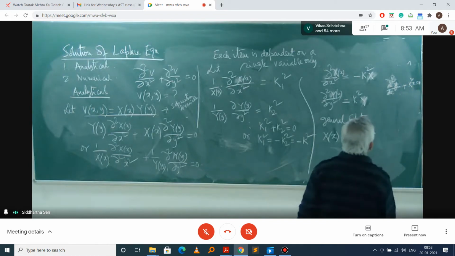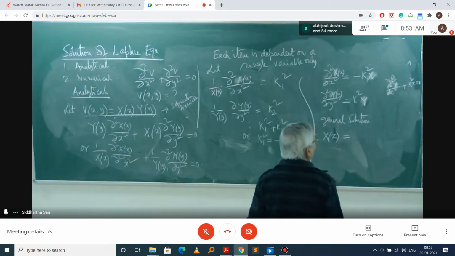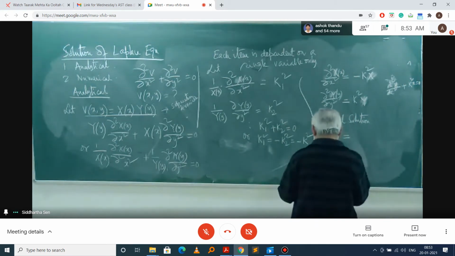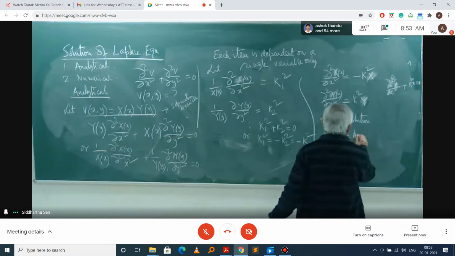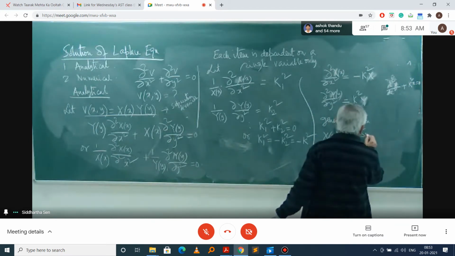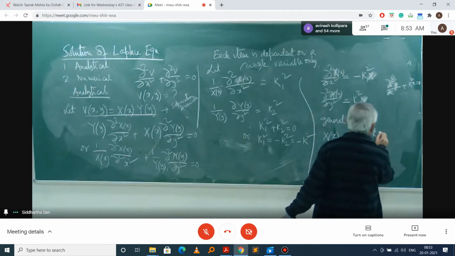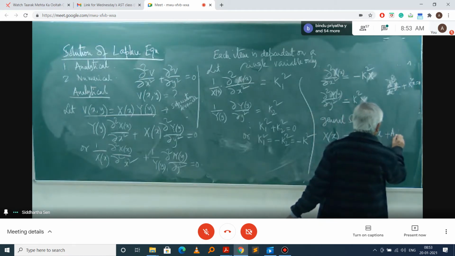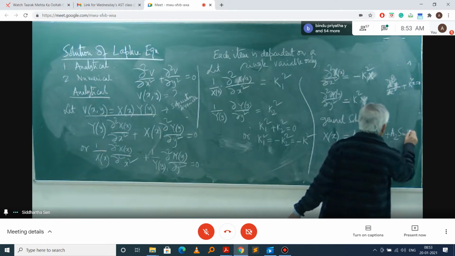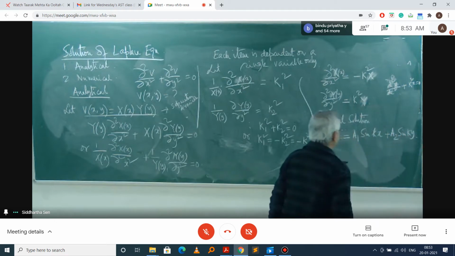What is the solution? The solution is a1 sine of K into x plus a2 cosine of K into x.